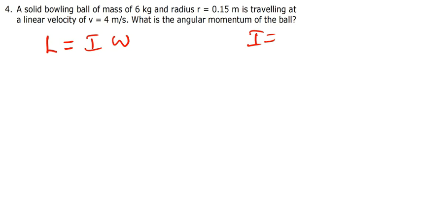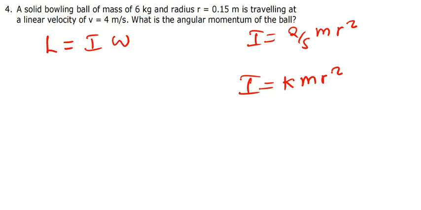Because inertia, especially for the solid ball, becomes 2/5 times mass times radius squared. But initially the overall formula for inertia is k mr squared. K can be anything.